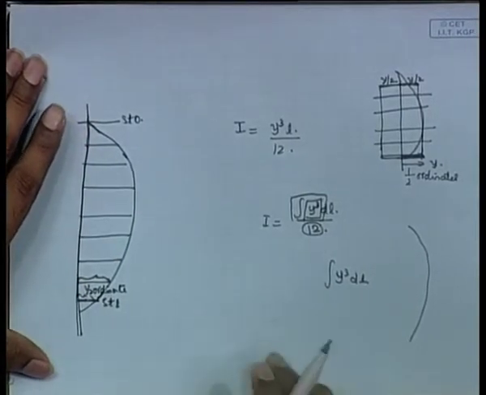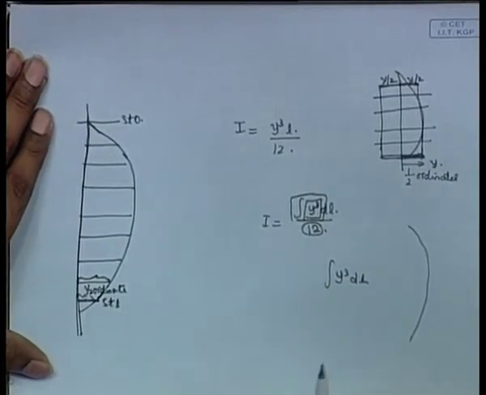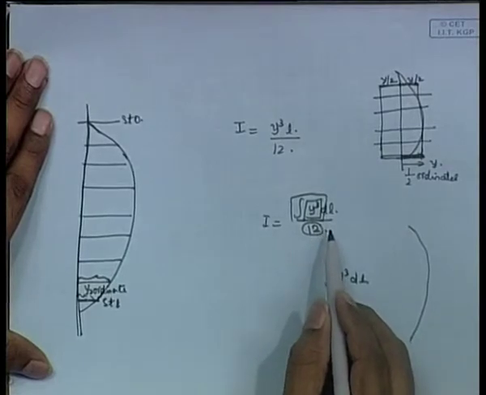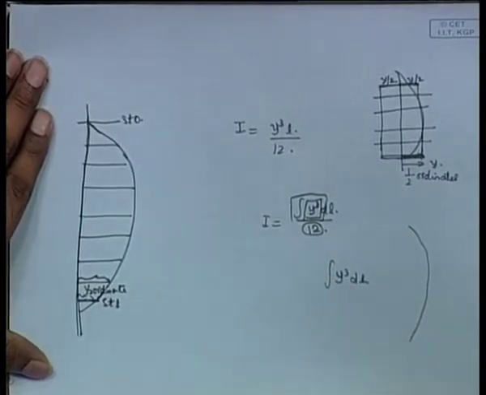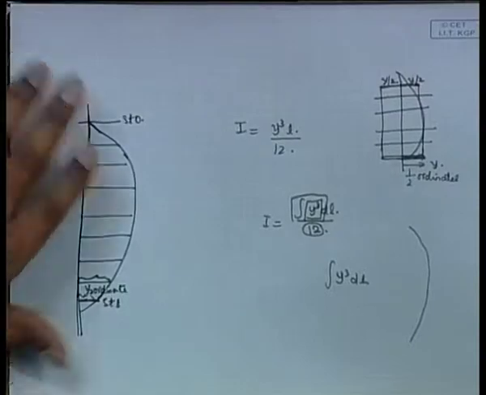So the idea is I in general comes as the integral of y cube dl, where y is this distance. If this is the center line, y is at each of these points, and dl is this distance. This is your y, this is your x. Is it clear? If it's not clear, the table probably should help you.